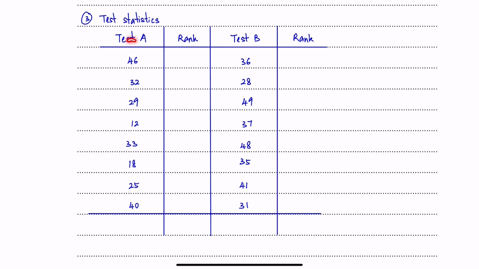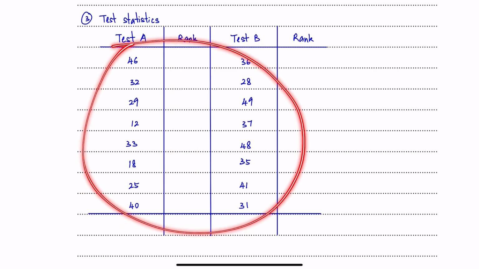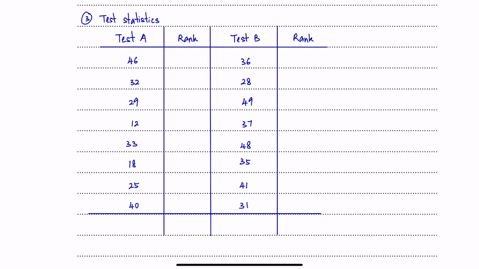And when we rank, we don't just rank test A alone and test B alone. We actually mix both of the tests together and rank them together. So the lowest score would be 12, so this is rank 1.